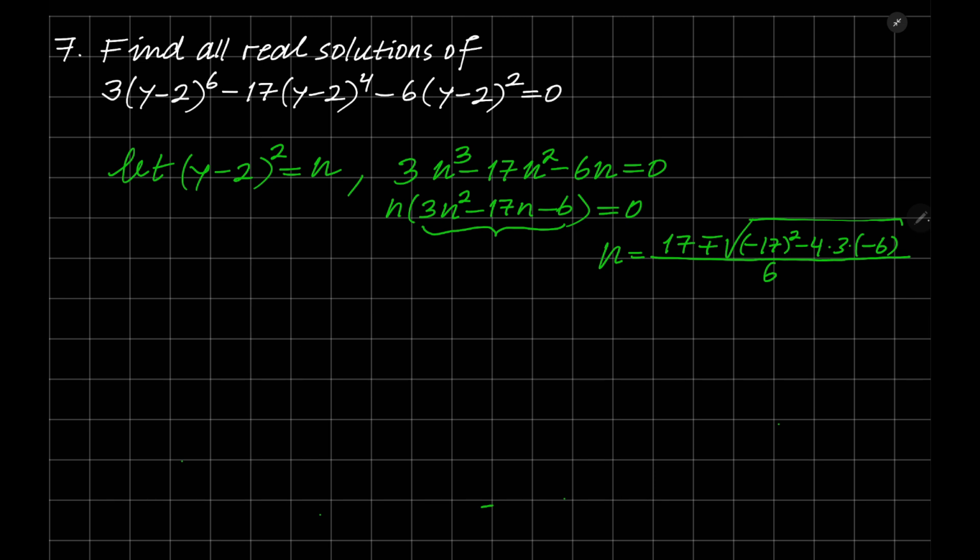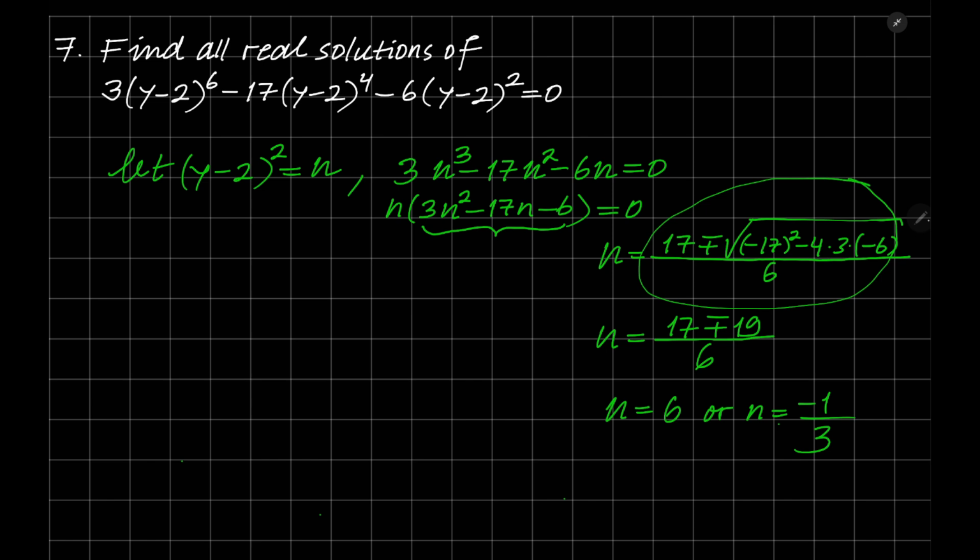Then, if we solve this equation, n will be equal to 17 plus minus 19 divided by 6. That means n is equal to 6 or n is equal to negative 1 over 3.